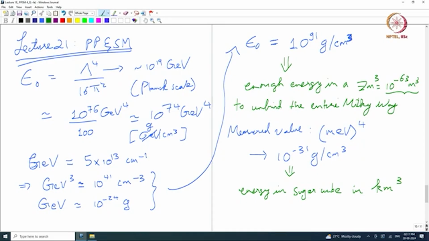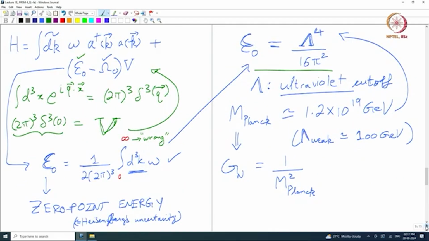So, what do I mean by all this? How do people measure this 0 point energy, right? So, now think about what this energy density means, okay. This is not a function of space time coordinates, correct.